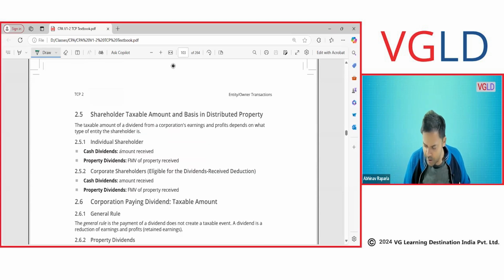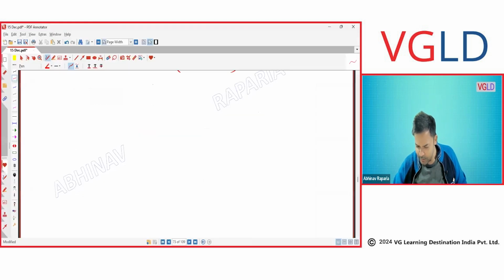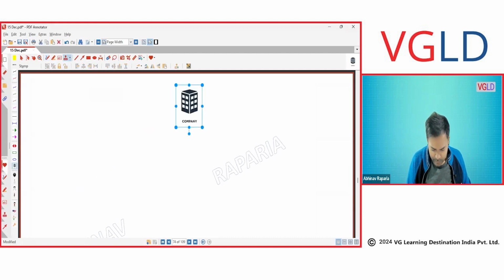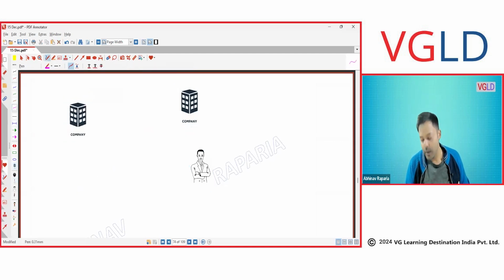Is it possible a shareholder is a company? Yeah, why not? A shareholder can be a company also, an individual also. So for another company, you are a shareholder. You guys have not done it, but whenever you are giving the dividend to these companies, they are eligible to get a deduction for it.